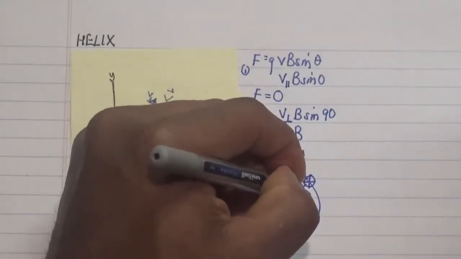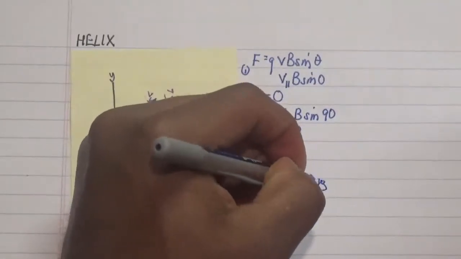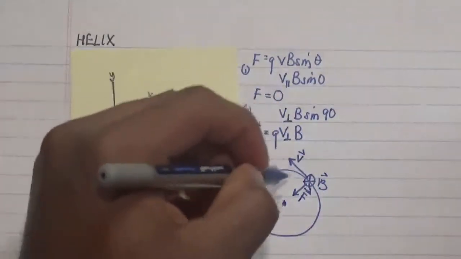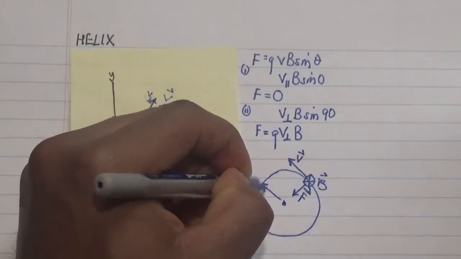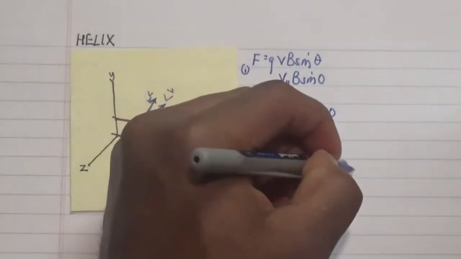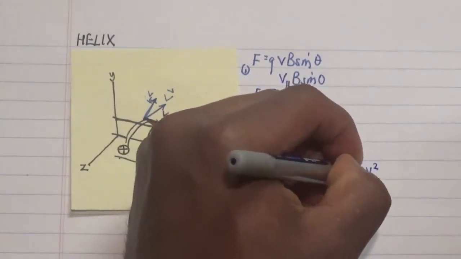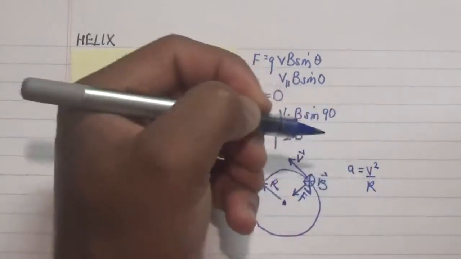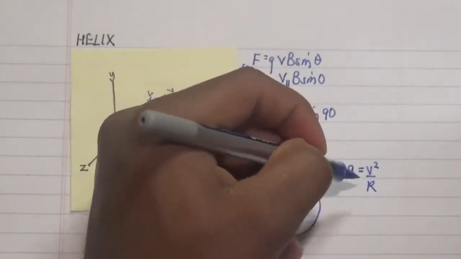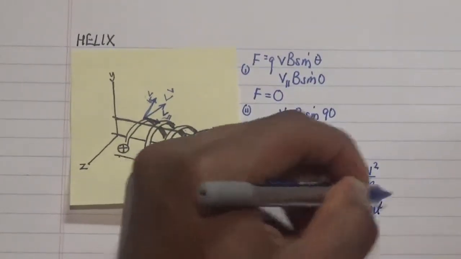So the force that is generated, based on the right hand rule, where this symbol pointing inside is the magnetic field, then we realize that, to find the radius of this system, we need to take note that the centripetal acceleration is equal to V squared over the radius, where V is at constant speed.